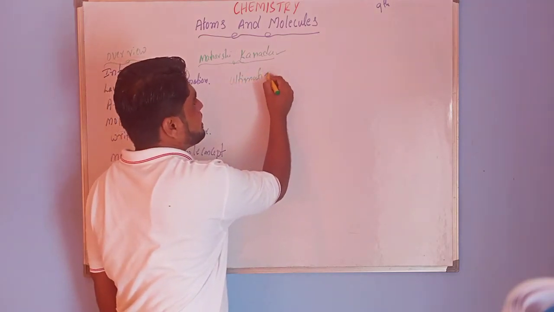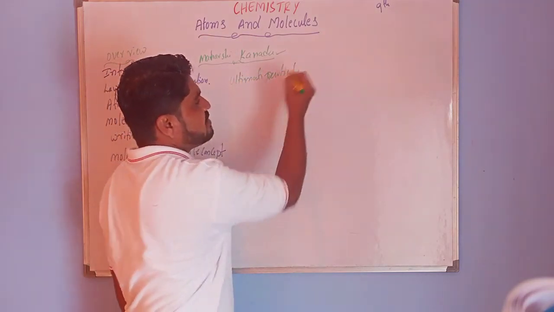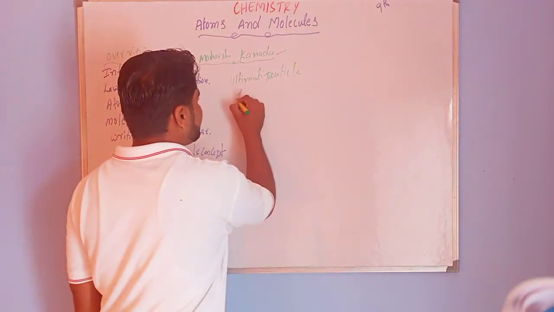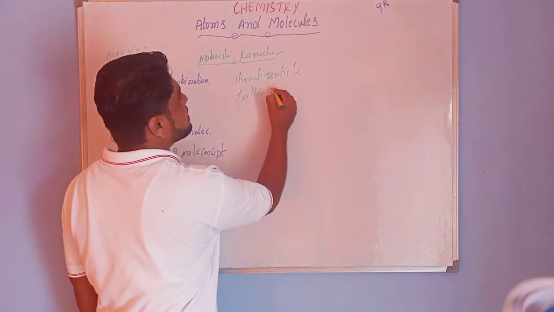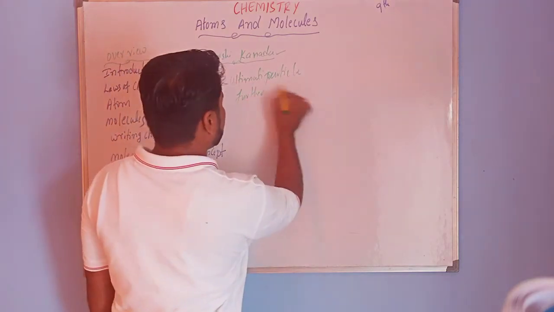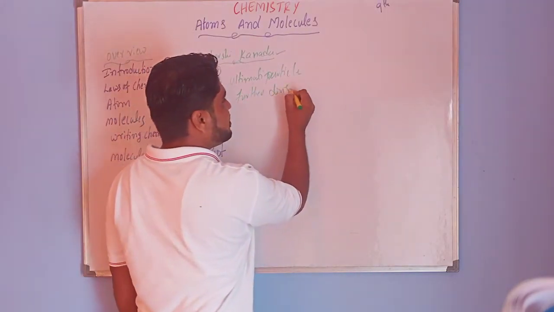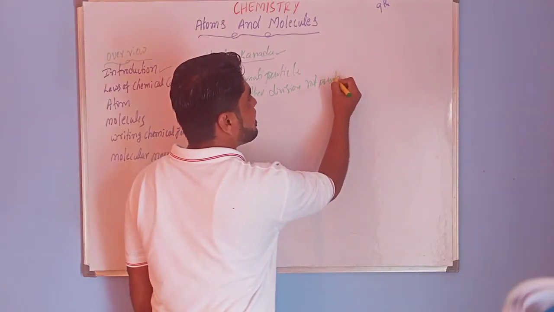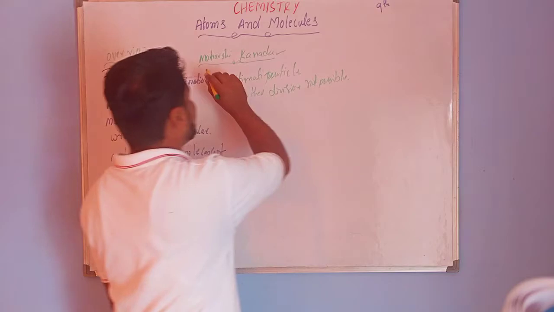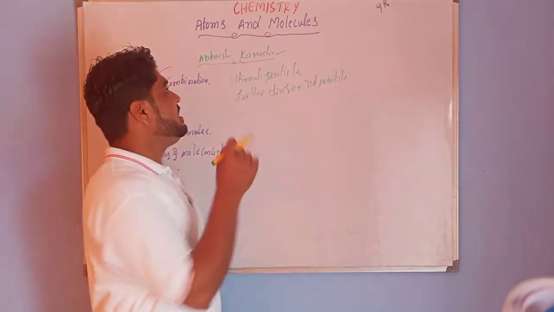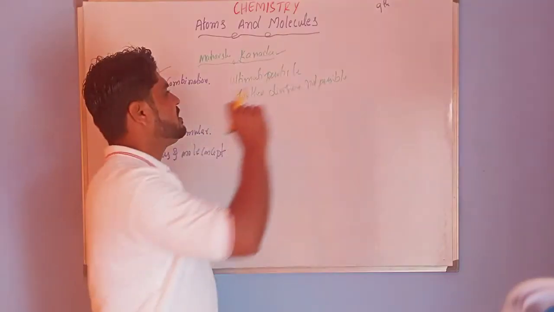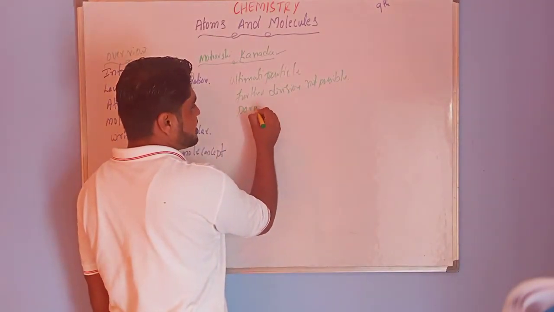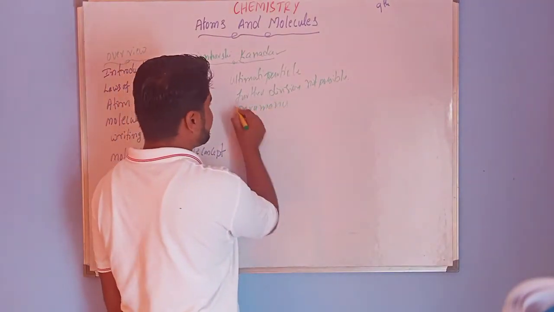Ultimate particle means further division is not possible. Maharshi Kanada named that particle Paramanu.